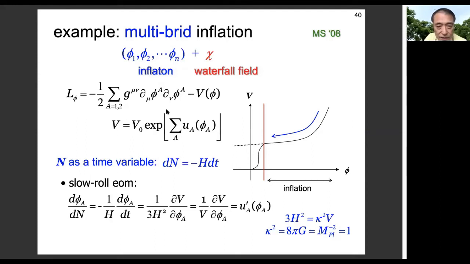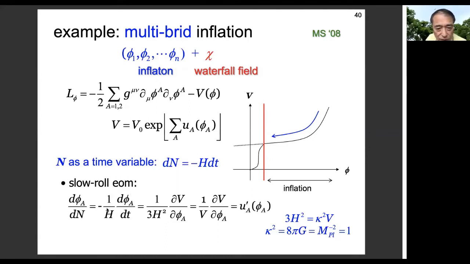In this approximation things become easy, because the slow-roll equation of motion, in terms of the number of e-folds, is just going backwards in time. So you're actually solving the equation backward in this direction.